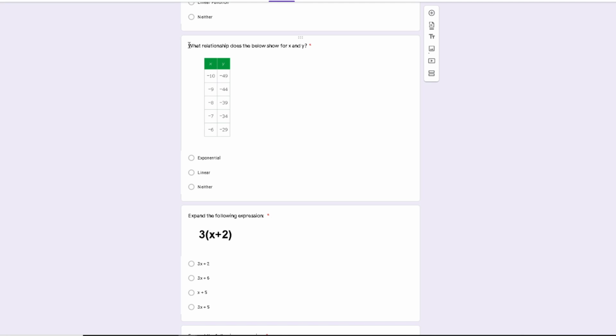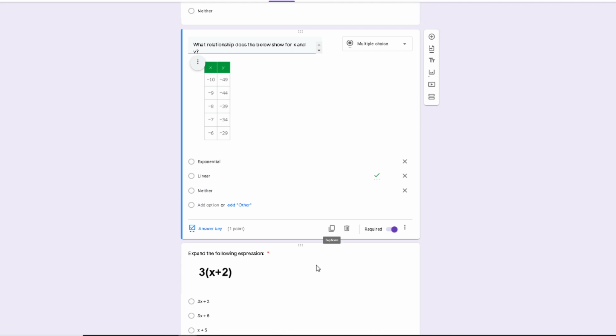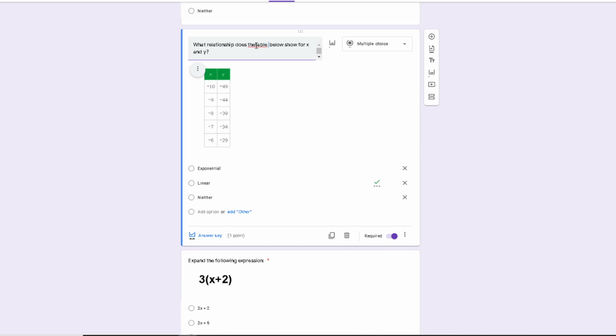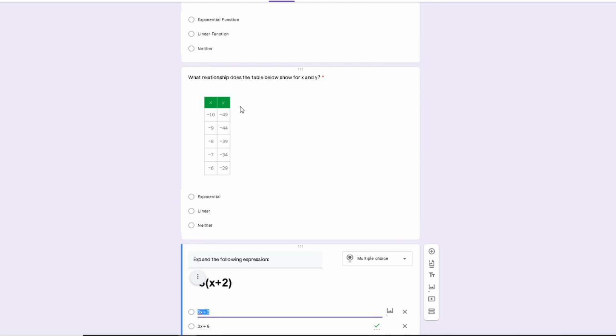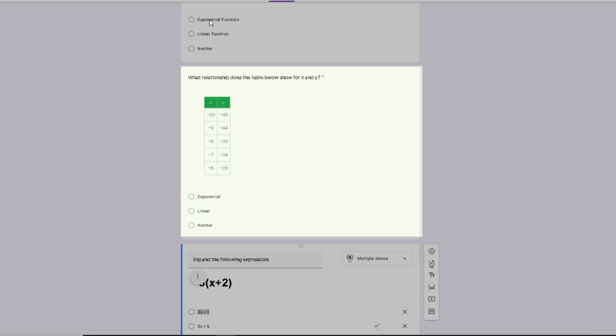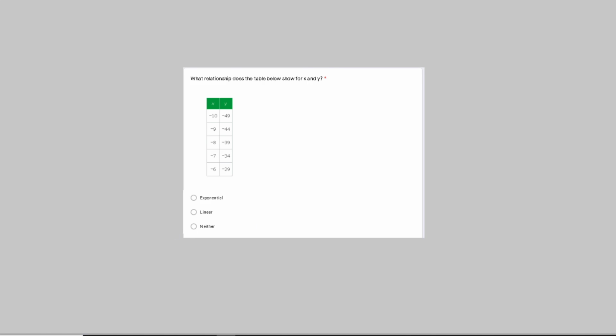Okay, so what relationship does the table below show for x and y? So what you should see for this is that it's going up by 5 each time.